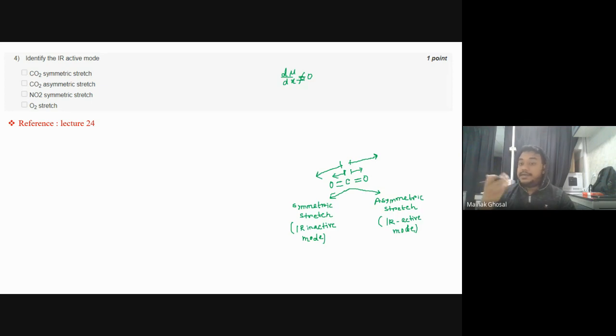But in case of vibration, the CO2 molecule initially doesn't have any dipole moment, zero, but its asymmetric stretching mode is IR active. That means for IR activity you don't need the molecule to have a permanent dipole moment initially, but there should be a change in the dipole moment.